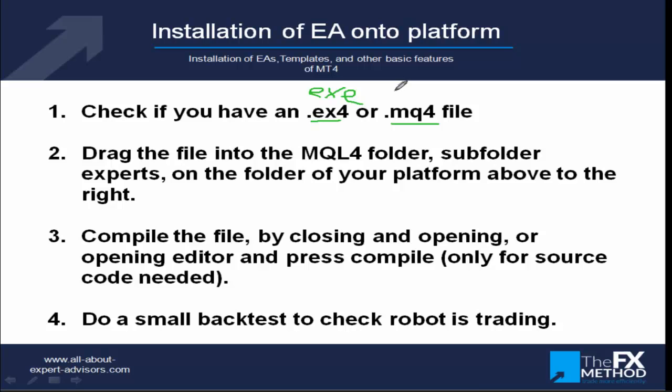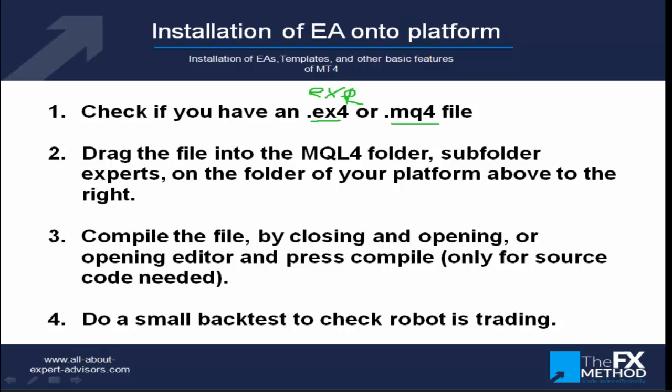It's a file which is actually closed, and you cannot view inside of it, but you can use it, right? So they took this E away, and they just put a 4 for EX4. That means that you have a compiled robot. The gift you got from us is an EX4 file, because we are not giving you the source code. Okay, if you had a robot that has the source code, you would have an MQ4 file.